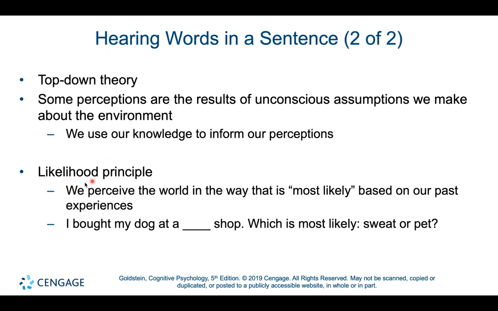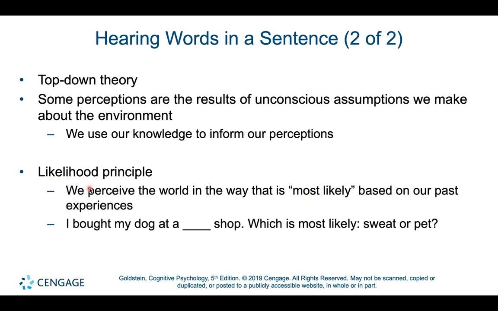Your brain also uses what's known as the likelihood principle in interpreting language. We often perceive the world in a way that it is most likely to be, based on our past experiences.